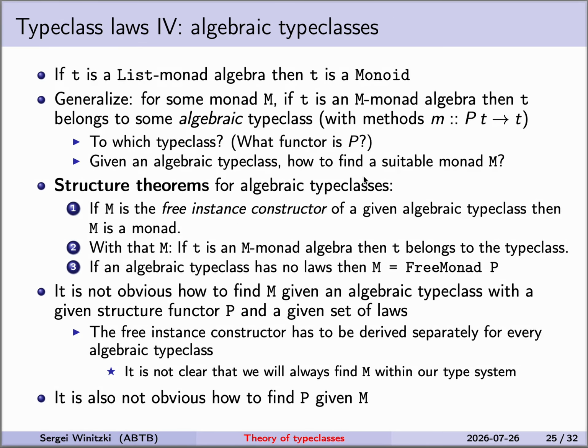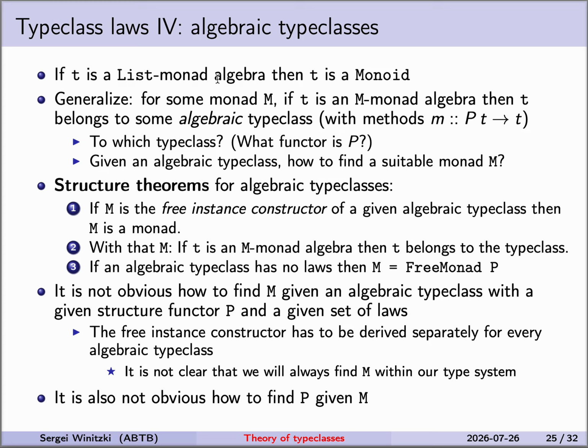And this trick can be directly generalized. What we have found is that if any type T is a list monad algebra, then this type T belongs to the monoid type class. It has the monoid operations, which we derived in the previous slide, and it satisfies the laws of the monoid. The operations are lawful.